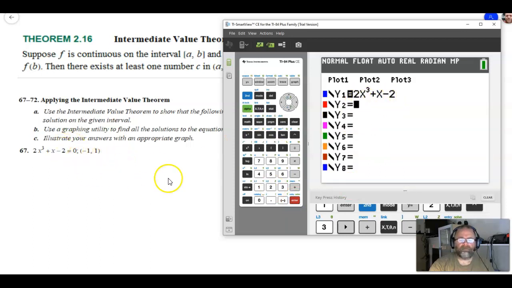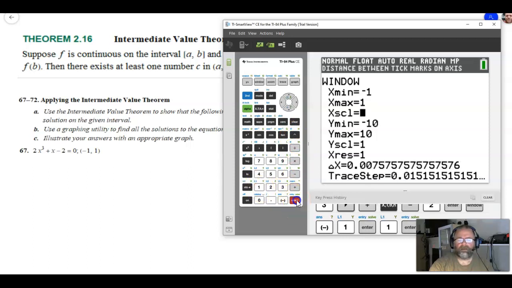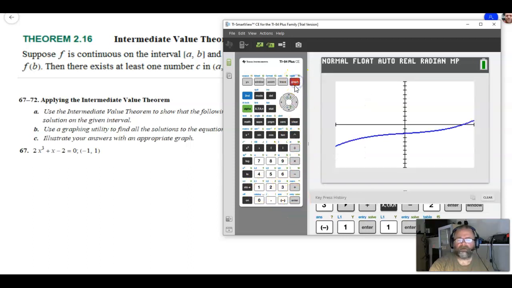And I'm looking on the interval from -1 to +1, so I'm going to go over to my window, and we're going to change the x values from -1 to +1. And let's go ahead and look at that graph here. And so this is what it looks like. And we're trying to find where y equals 0. So we're trying to locate that value there.